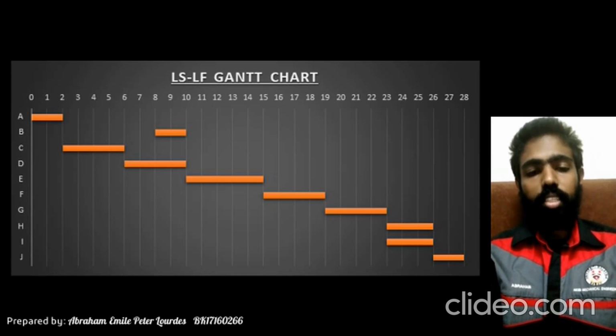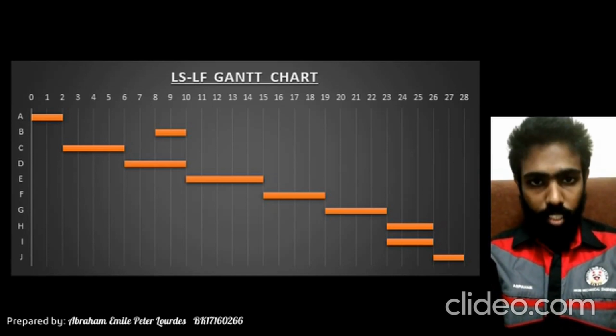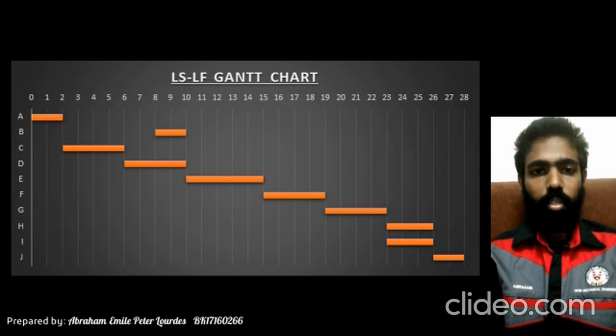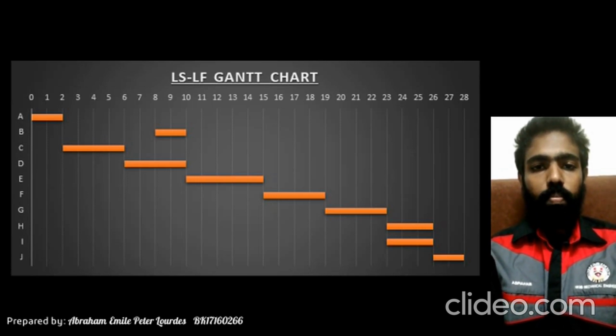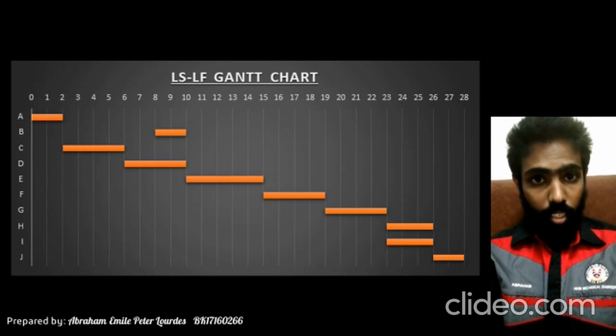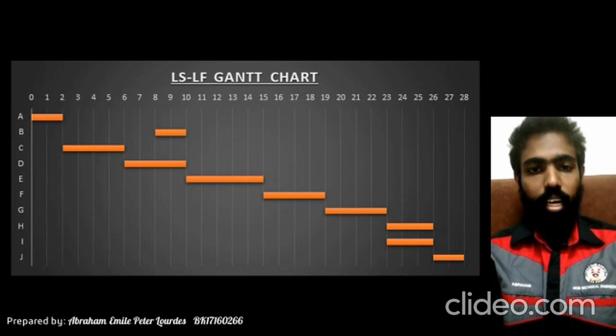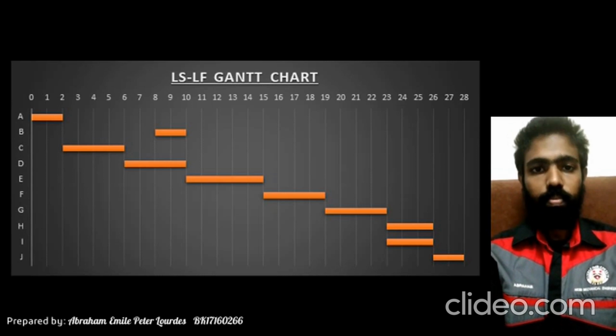Thus, it falls later, after activity C and after activity D is completed. It falls in the mid duration of activity D and also ends at the ending of activity D.